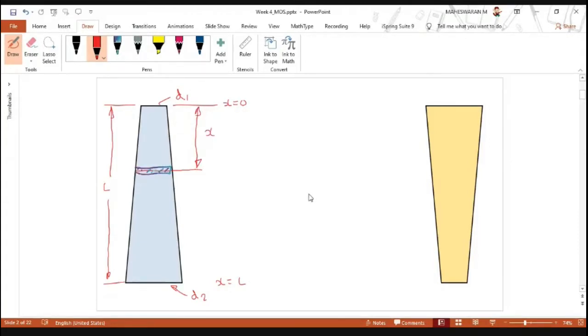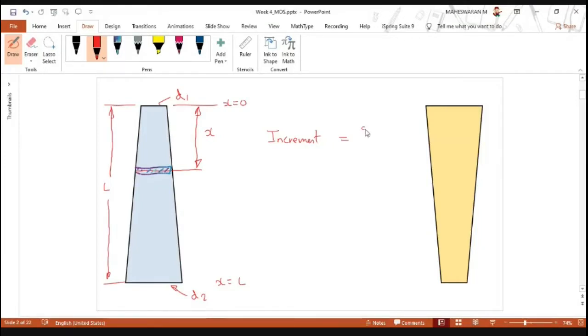So the first step is to identify the incremental value. It starts at D1 and ends at D2, and the total length from D1 to D2 is L. It is linearly varying. In that case, my increment value will be the difference between D1 and D2. Whichever is larger, we can consider accordingly. In this case, the larger is D2 and D1 is small.